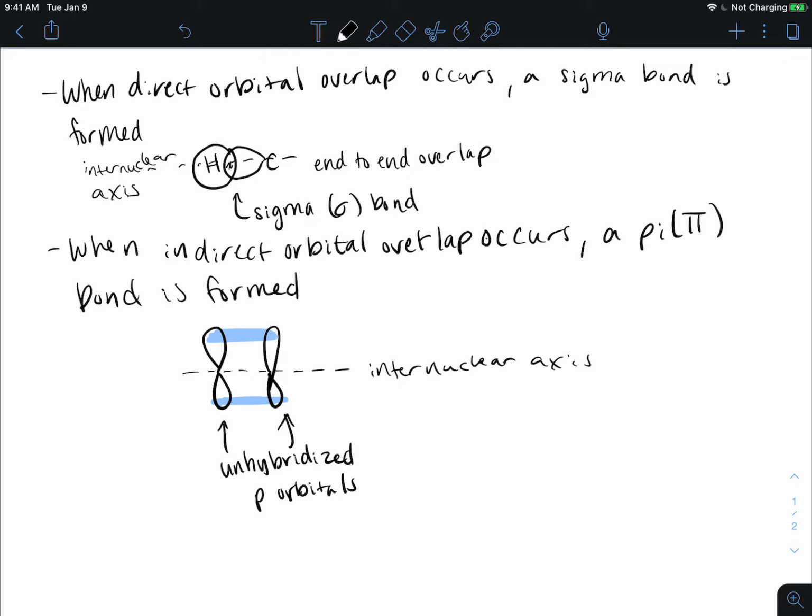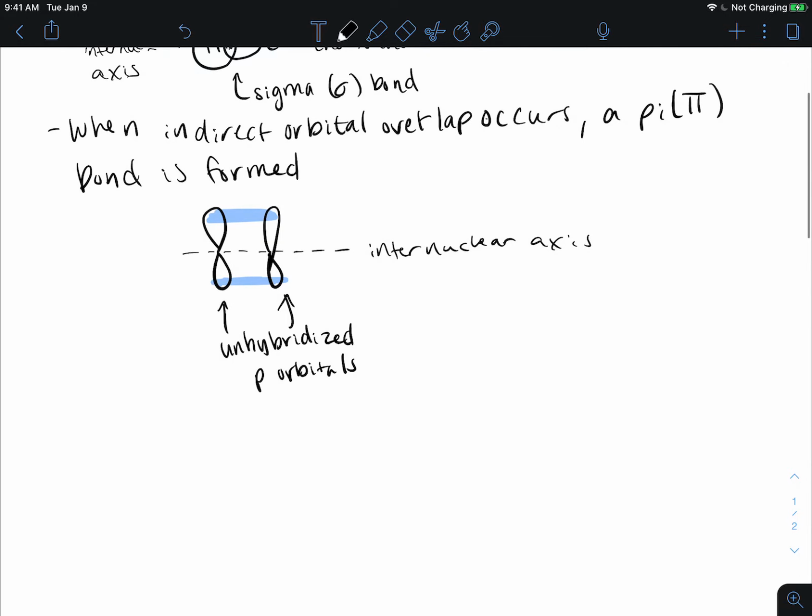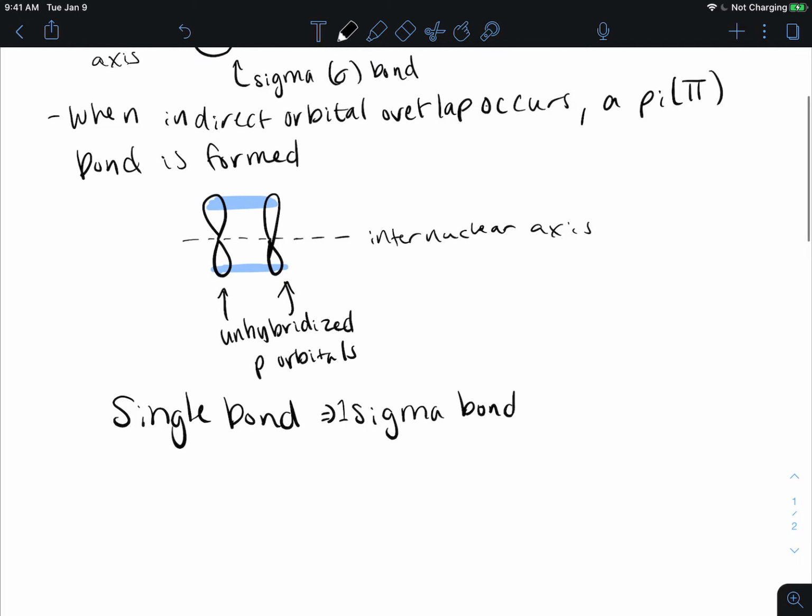Whenever we think about a single bond, a single bond is a sigma bond. So the direct overlap of orbitals will produce one sigma bond. Now, we can only directly overlap orbitals along an internuclear axis once. So if we think about a double bond or a triple bond, we have to have a different type of orbital overlap. We can't have multiple sigma bonds.